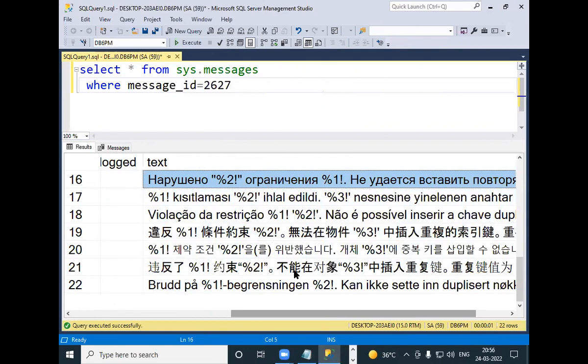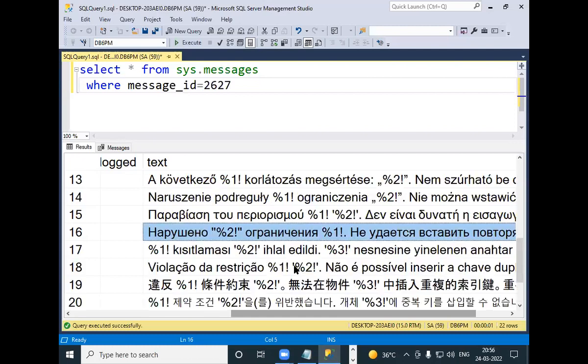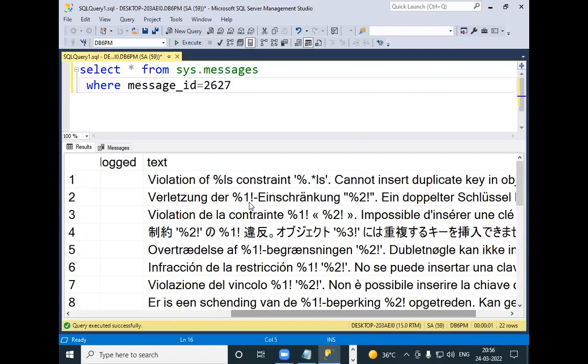So if you want to store these characters in a database, what do we have to use? You have to use nchar, nvarchar, nvarchar max. Understood? That is the difference. So we can also store these characters in the database.